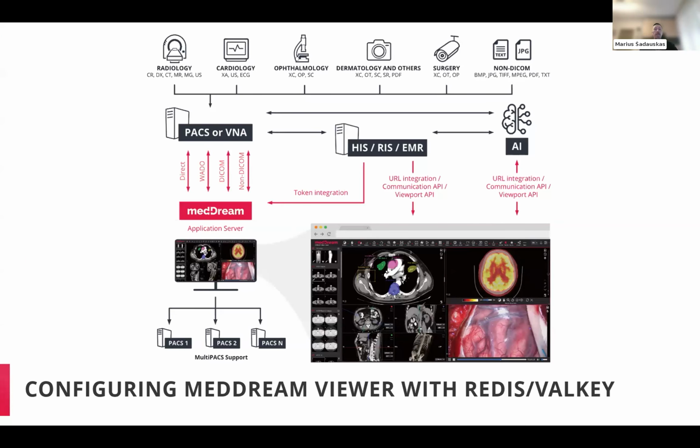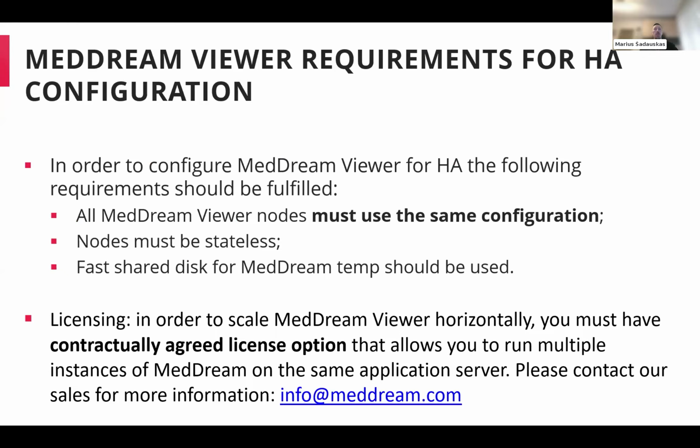And as I mentioned, one of the key components here for the scaling is the Redis or Valkey. So before going to a deeper example of the configuration, there are some requirements to be able to run MedDream for high availability. All your MedDream nodes which you will be running must use the same configuration.